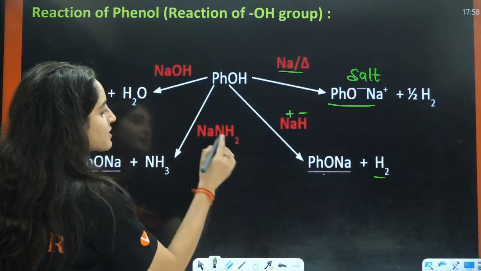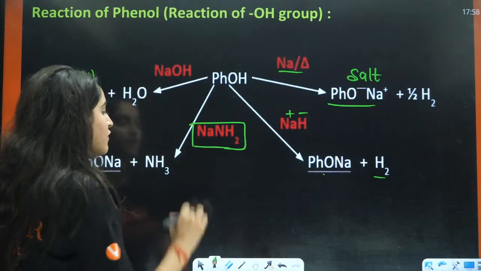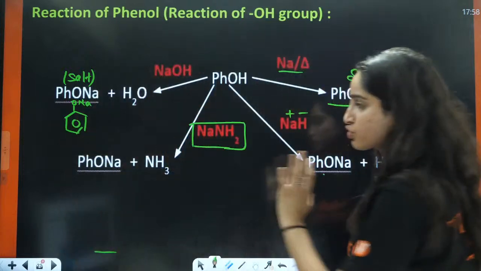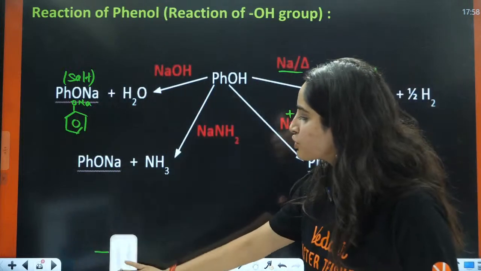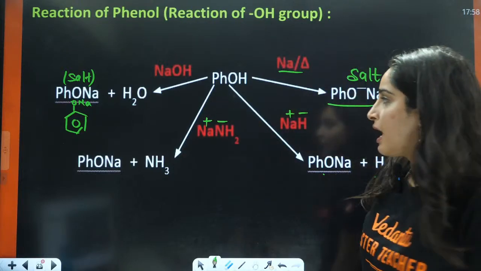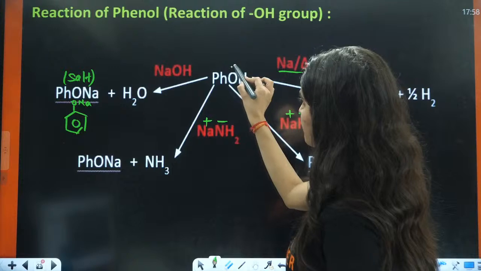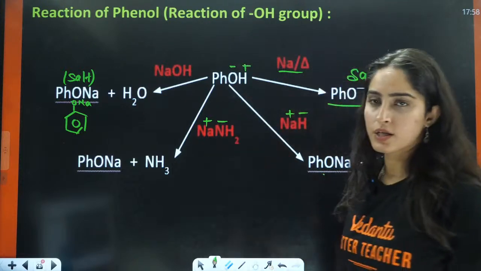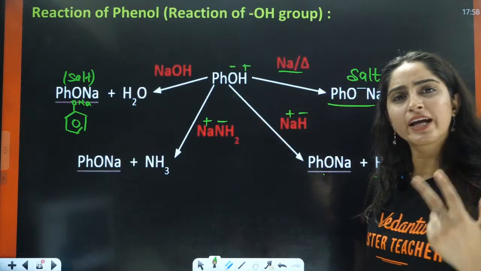Next is when it reacts with a very important reagent, NaNH2. With this also it will give us Na positive, NH2 negative. Now this is going to give us PhO negative, this is positive. Always do positive, negative, positive, negative.